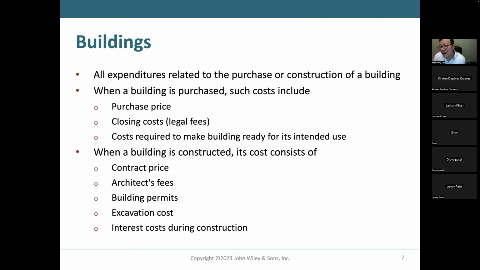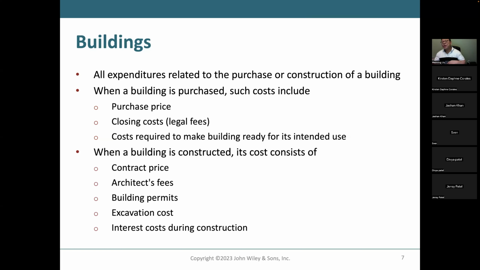You can see how the structure of the space will be totally different between an accounting firm and a restaurant. In order to make that building suit my intended use, so that customers coming into that room do not feel like this was a restaurant, I have to renovate that building.